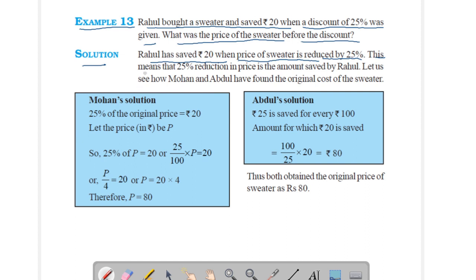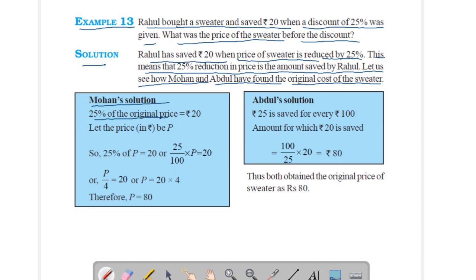This means that the 25% reduction in the price is the amount saved by Rahul. Let us see how Mohan and Abdul have found the original cost of the sweater. Here say the Mohan solution.